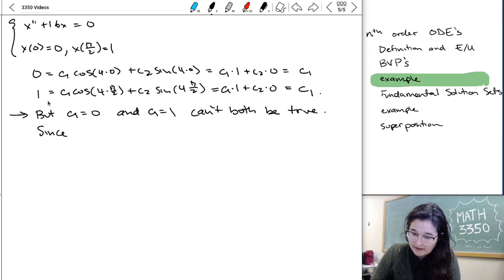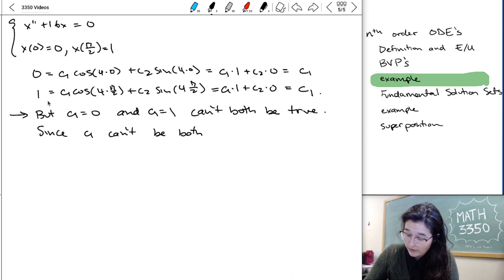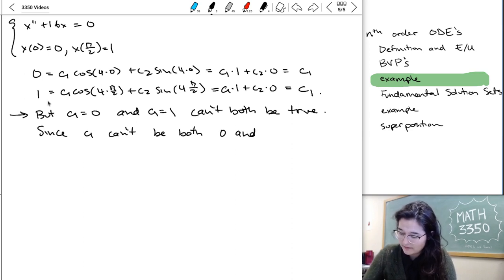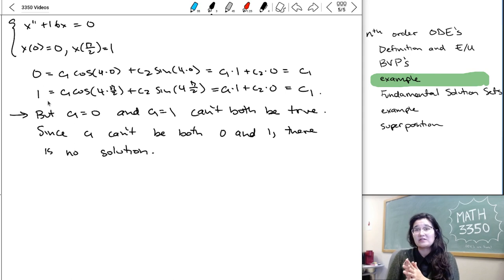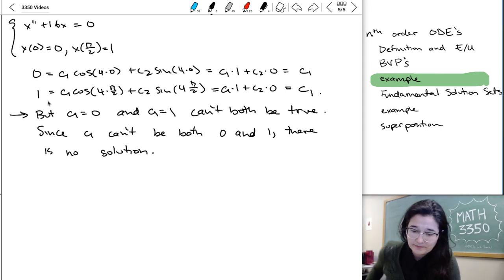So since c1 can't be both 0 and 1, there actually isn't a solution to this boundary value problem.